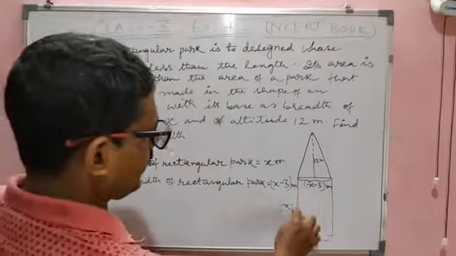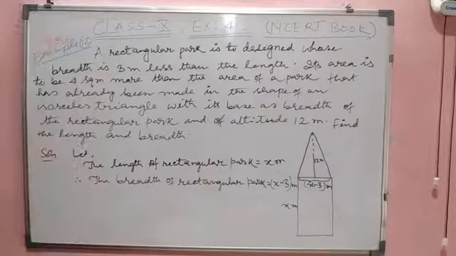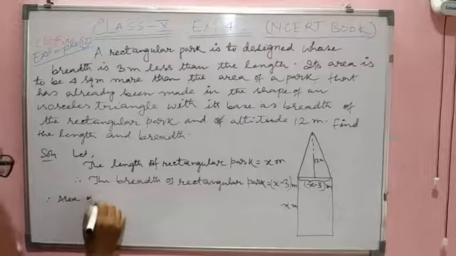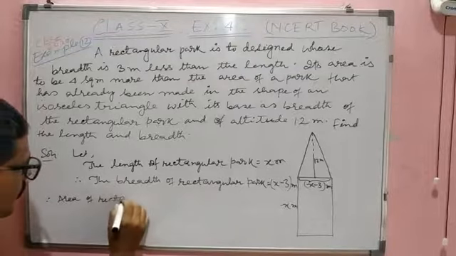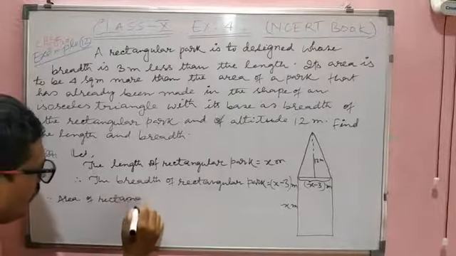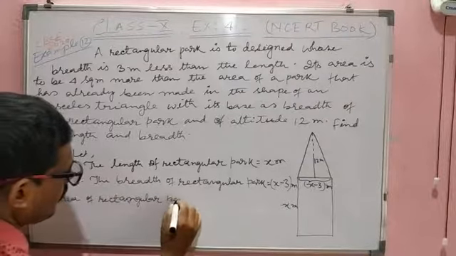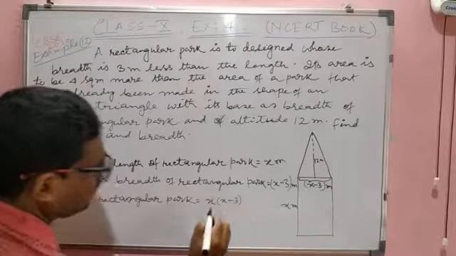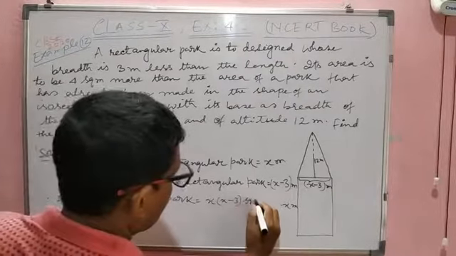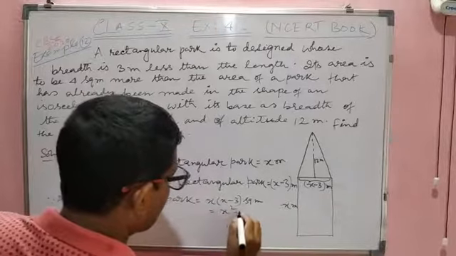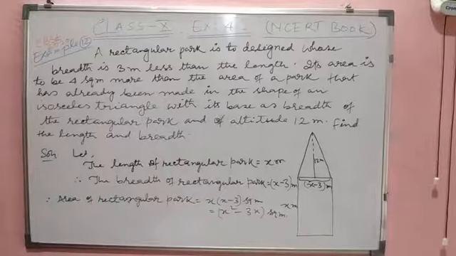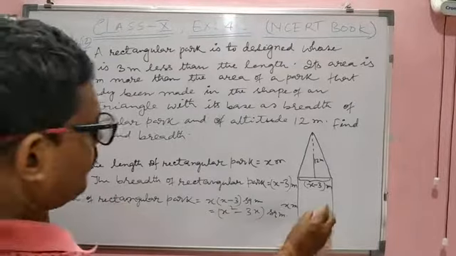Now the area of this rectangular park. Area of rectangular park equals length into breadth square meter. That will be x square minus 3x square meter. This is the area of this park.